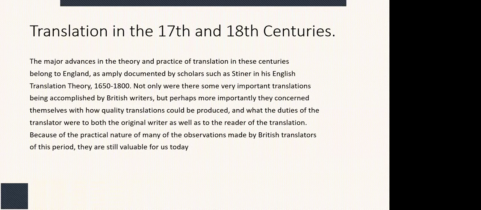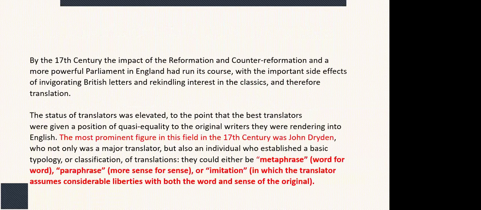Not only were there important translations being accomplished by British writers, but perhaps there were other contributions to translation theory concerning how quality translation could be produced, and the duties of the translator that had to do with the original writer, right? And the role of the translator and the role of the writer, right? So, because of the practical nature of many of these observations made by British translators during the period, this is valuable for what we do in translation today, or how we do it.